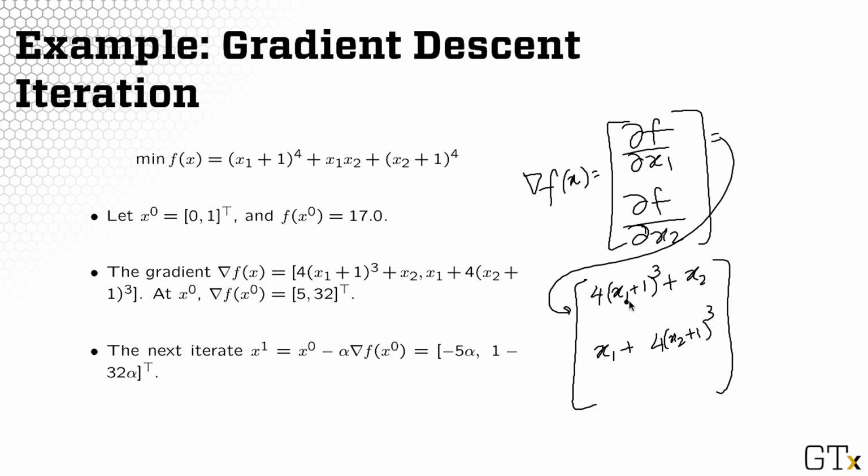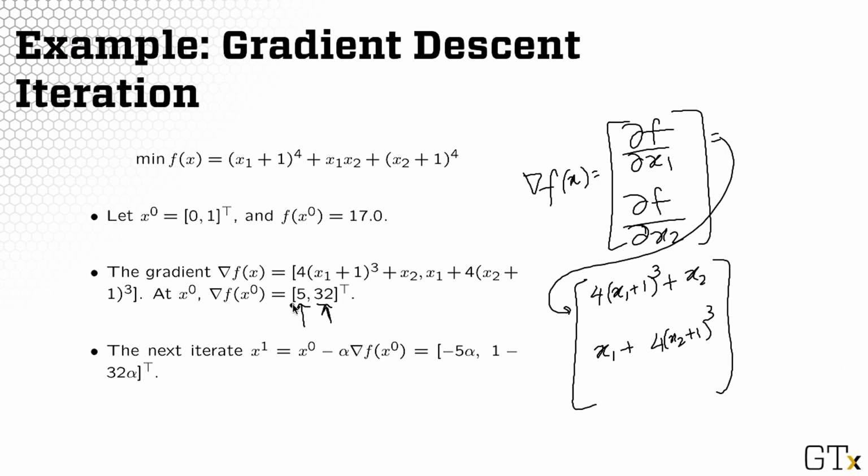x1 is 0, so I get 4 plus x2, which is 1, so 4 plus 1 is 5. That's where this 5 comes in. The second term: x2 is 1, so I get 2, and 2 to the power 3 is 8, 4 times 8 is 32.